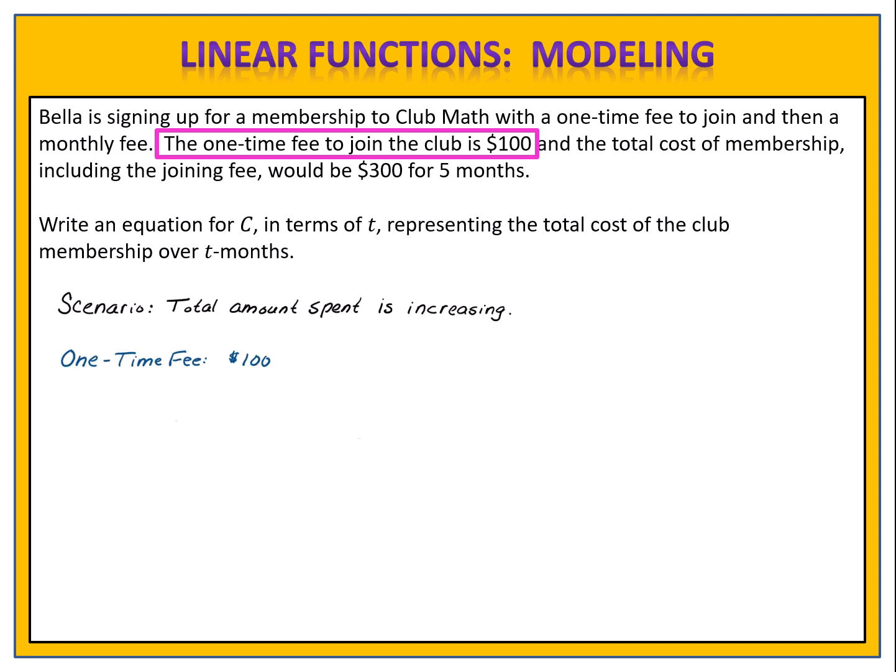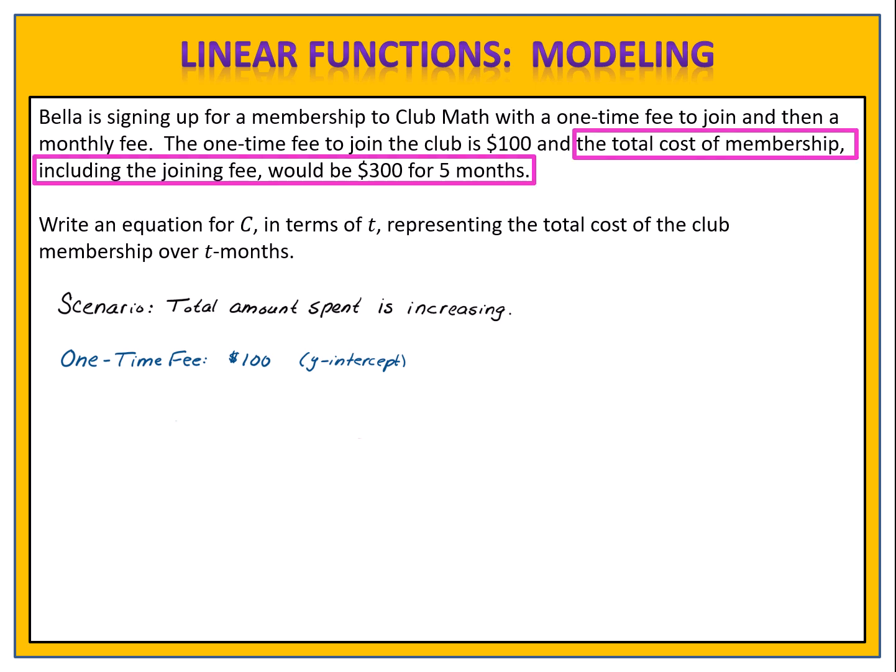This is the initial or the fixed amount, and this is called the y-intercept. I also notice that the fee for 5 months would be $300. This allows us to write a point. 5 months costs $300, so we have the point (5, 300).